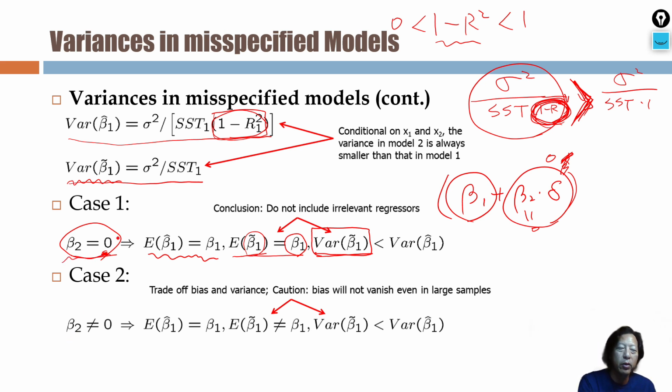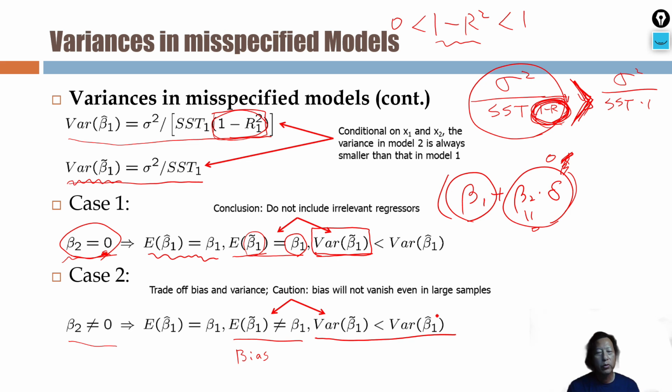This is simple because beta 2 is 0, so why would I have to have that variable? But if beta 2 is not 0, in that case we will have a bias, but still the variance will be smaller, right? So this is kind of a trade-off.